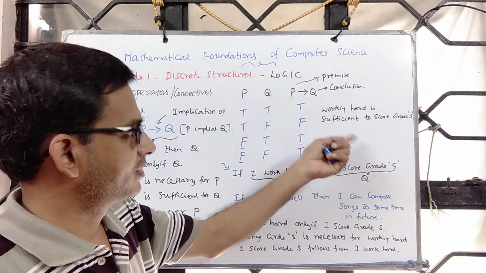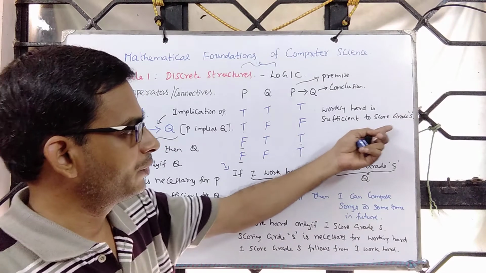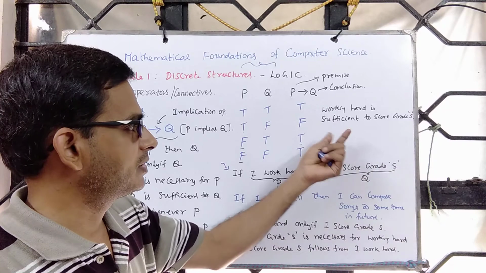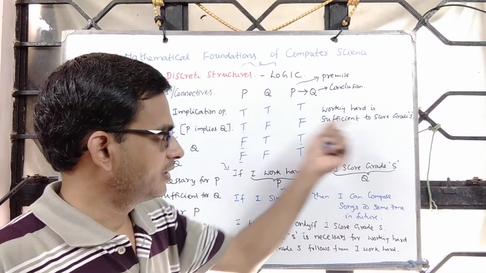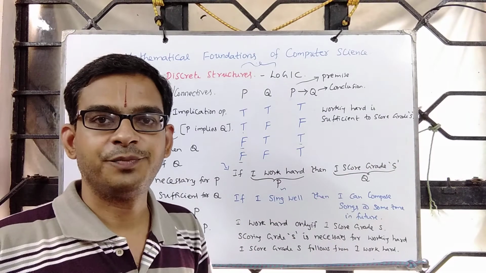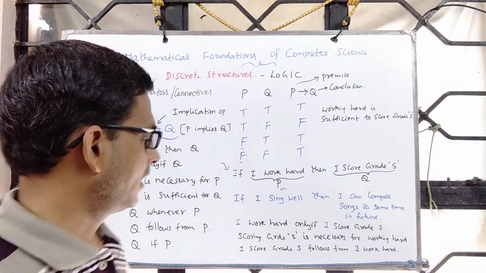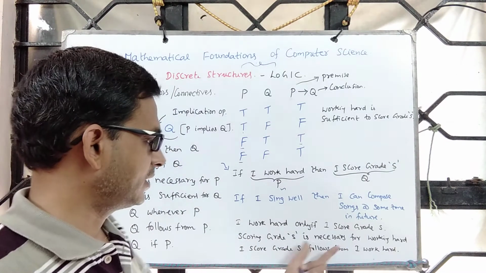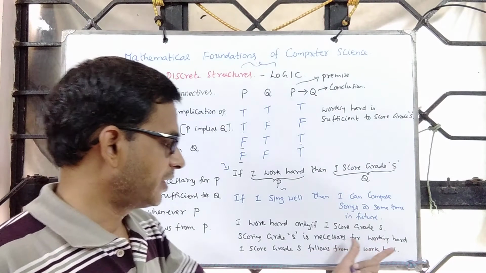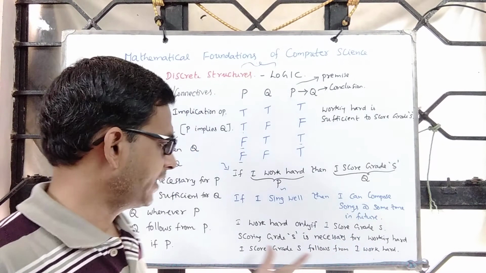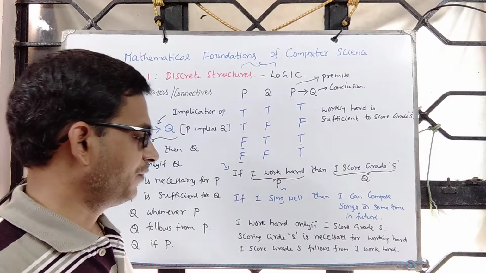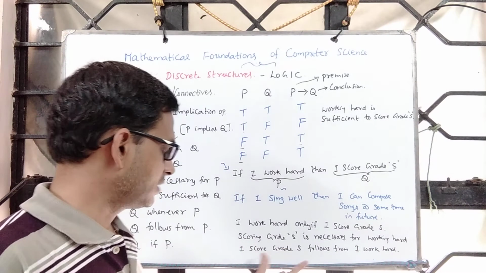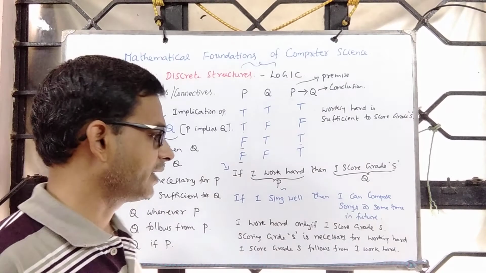Now it makes sense. Working hard is sufficient to score grade S. What is this telling you? You do this, you are rewarded with this. That is the same as saying if P then Q. And scoring grade S is necessary for this. So I worked hard. What is the reward I get? I get this. And when you work hard, it follows that you are awarded grade S.